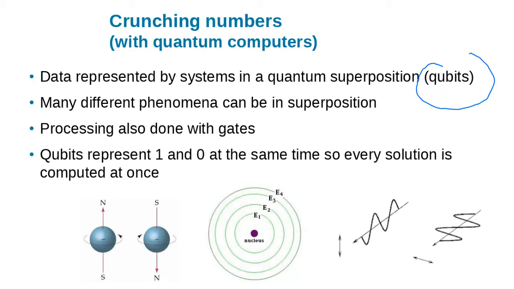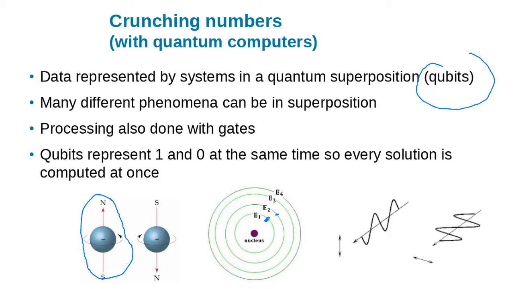So, for example, an electron has a property called spin. So it can either be spinning around one way, we call it spin up, or spinning the other way, we call that spin down. And it can also be both at once. Similarly, we can have electrons in the energy levels of an atom, so it can be one state or another. It can also be in both states at the same time.